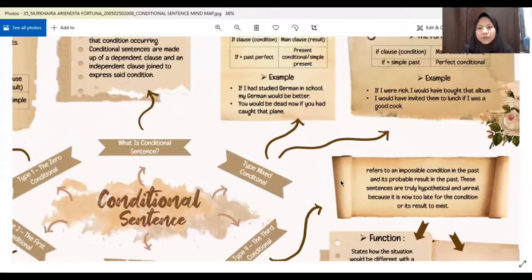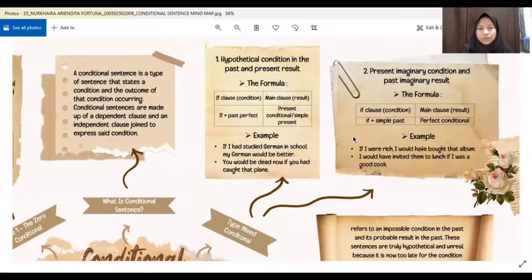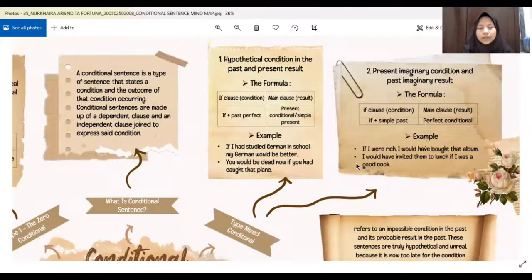And the last one is the mixed conditional. So basically, the mixed conditional is a combination of two types of the conditional sentence. As you can see here, the first one is hypothetical condition in the past and present results.